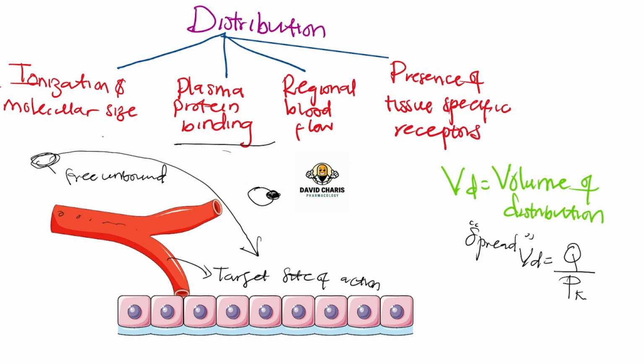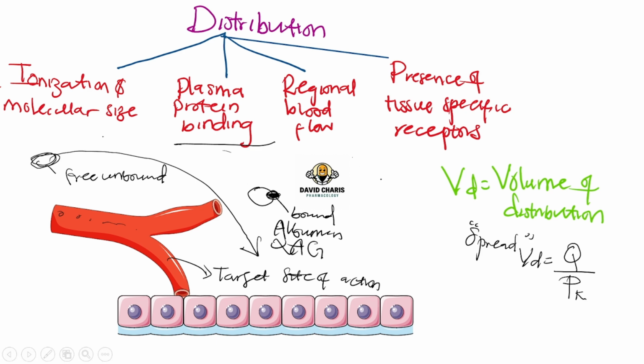While drugs that are bound to plasma proteins such as albumin or alpha acid glycoprotein, which I explained further in my video, are least distributed.